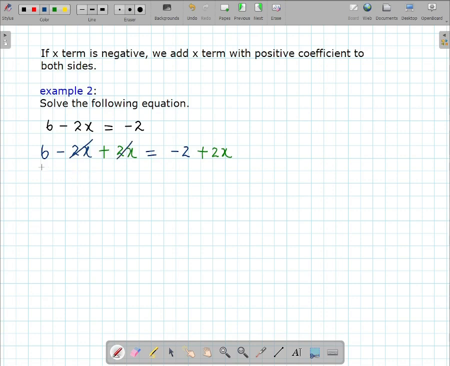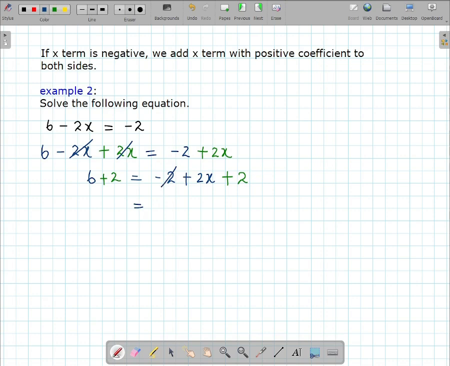So on the left hand side, 6 remains. 6 equals minus 2 plus 2x. Then we can make 2x the subject by removing this minus 2. How do you remove minus 2? You have to add 2 to both the sides. Add 2, add 2.